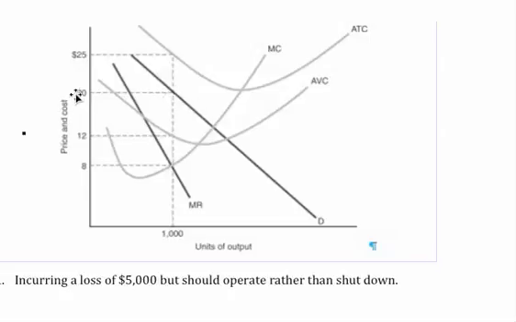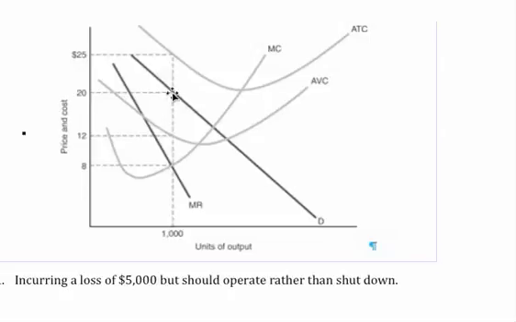Well, my price here is $20 per unit, and this tells me that at 20 I'm going to be able to sell 1,000. Okay, 20 times 1,000 is $20,000 in revenues. That's what I'm going to receive. Now, what is it costing me to produce a unit? Well, you can see that my average total cost curve is above this demand line.